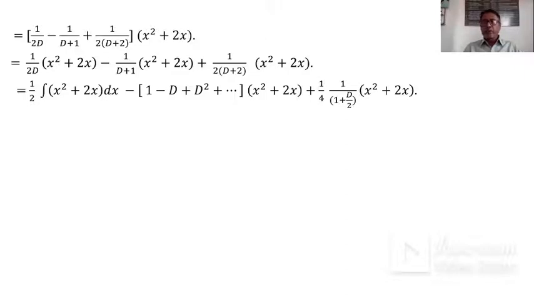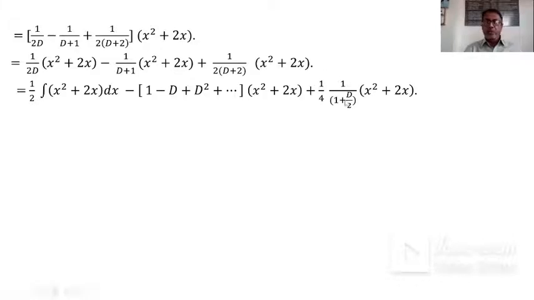The same way for the next, 1 upon 2 as it is, and from (D plus 2) we take the lowest degree term common, means if we take 2 outside of this bracket, this becomes 1 upon 4, and in the bracket 1 plus D upon 2. If we take 2 common, we get D upon 2 plus 1. We write it as 1 plus D upon 2 operate on x square plus 2x.